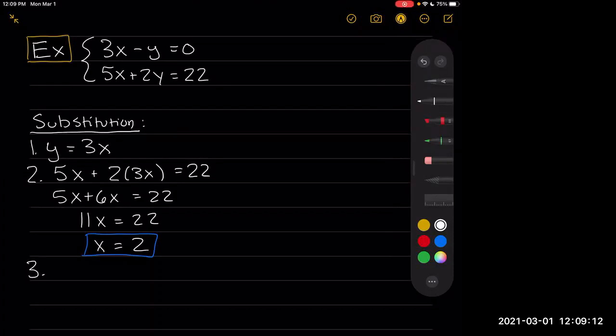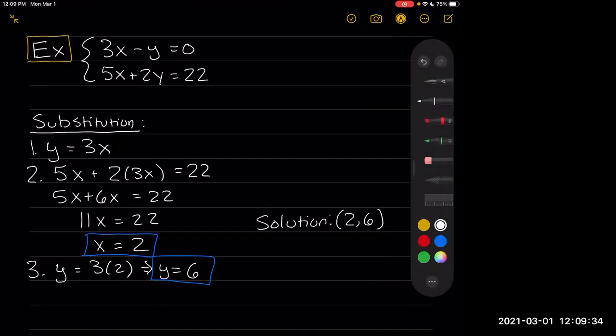So we're going to have y equals 3 times 2, which gives us y equals 6. So our solution is (2, 6).